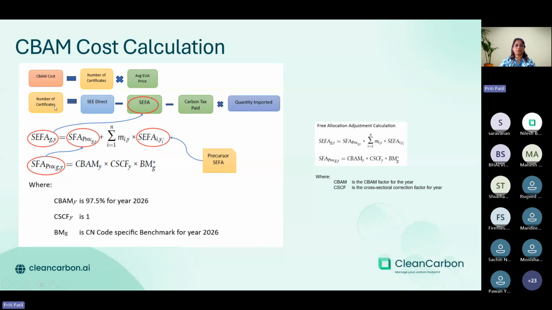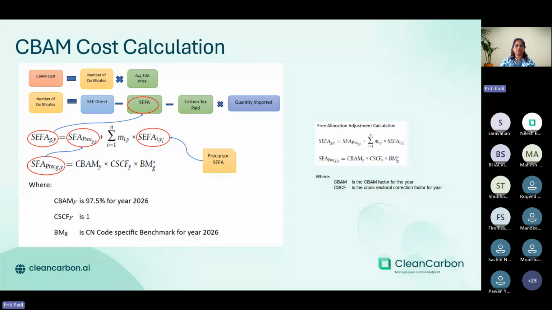So for that product, if we are calculating number of certificates, what you need is your SE direct for that product minus this SEFA. SEFA is the free allocation adjustment, the long form being specific embedded free allocation.